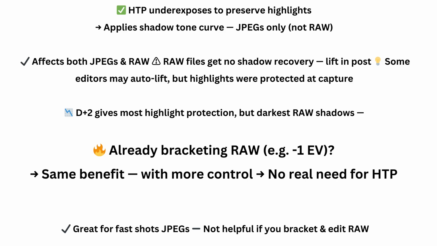If I'm bracketing, certainly with RAW files, or indeed even if I was bracketing with JPEGs and I wanted the 100 ISO, I just wouldn't bother with it at all. But I can see why some people certainly use it in certain situations. And indeed, you can see there is a place for this. Sometimes it's good to check these settings out just in case you're missing out on something.